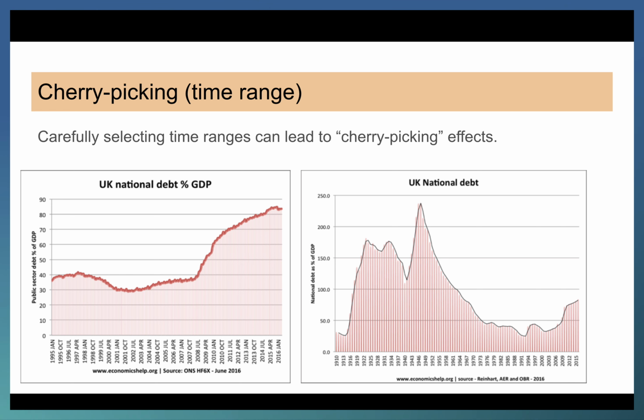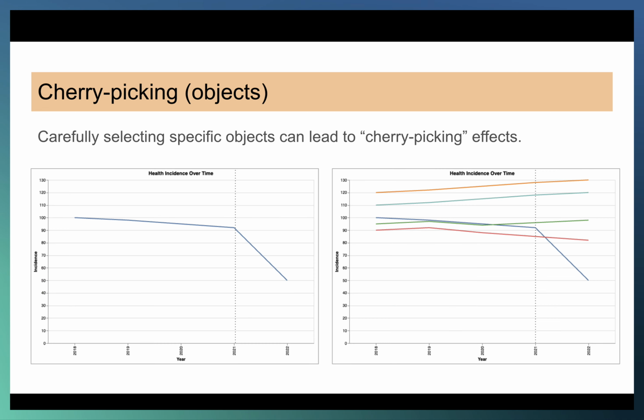Okay, so this is a very common situation where if the time range is restricted, we can send a given message, but if it's widened, then a completely different message comes out of it.